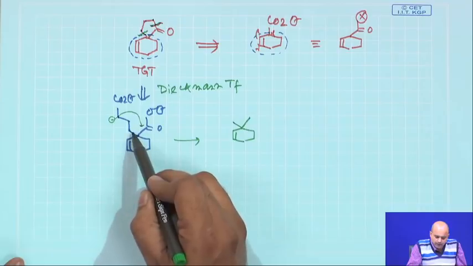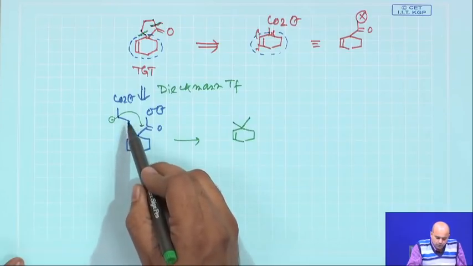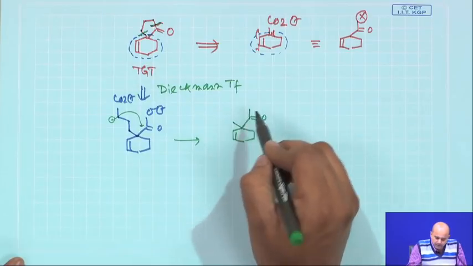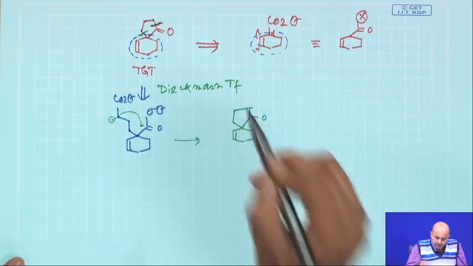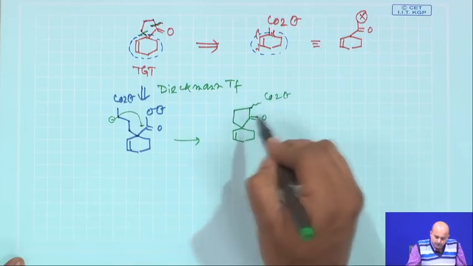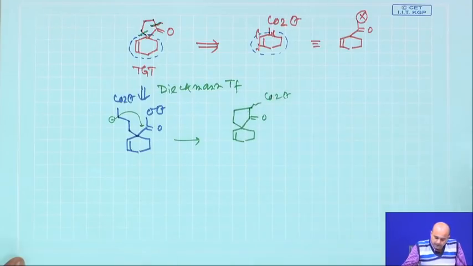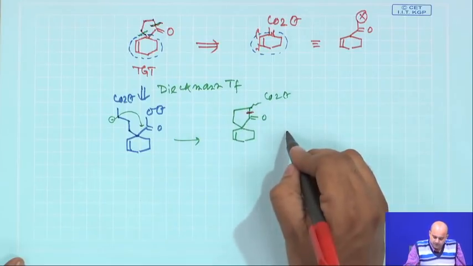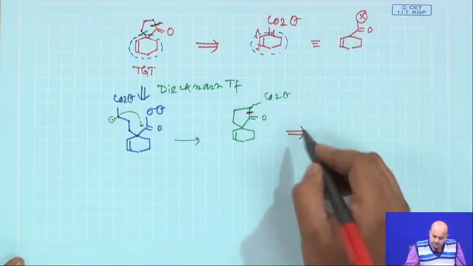So, this gives you the spiro thing, and then your CH2 CH2. Your C double bond remains here, and you are trying to make this CO2Et here. This is the new bond you are going to prepare. It is a Dieckmann reaction.